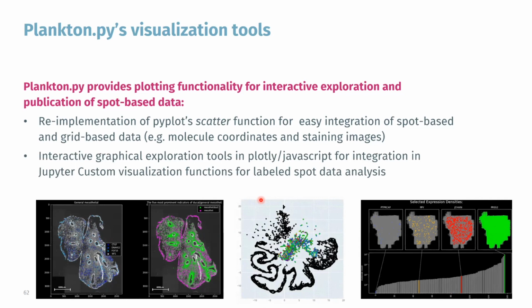So if you have a DAPI stain, you can have this as an underlay for your images. And when it comes to interactive analysis, we can also circle regions of interest within our low-dimensional represented data within web interfaces and Jupyter.